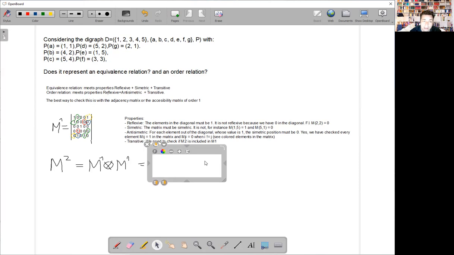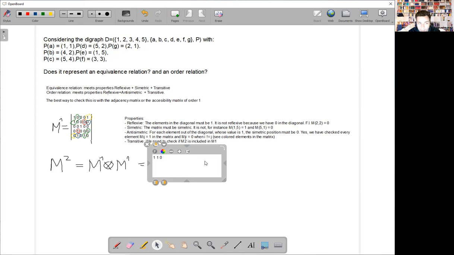So we multiply the first row by the first column, and we get a 1. We multiply the first row by the second column, we get another 1. We multiply the first row by the third column, we get a 0.